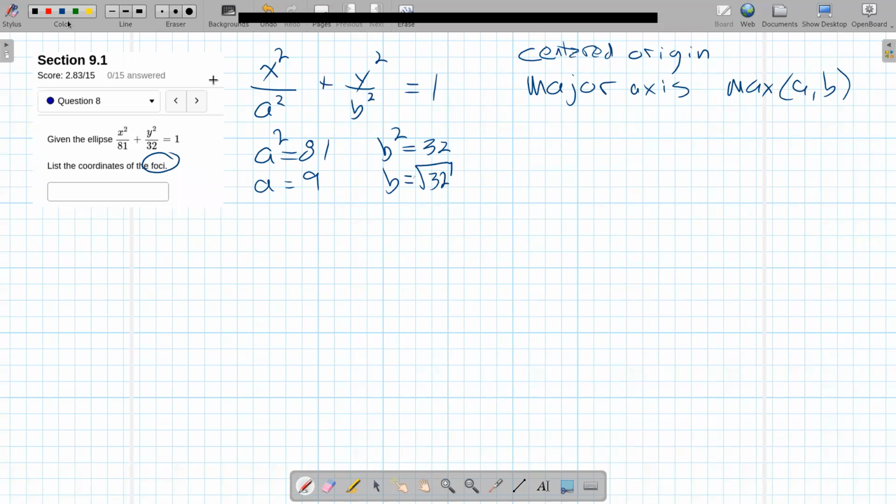So rough sketch of this. Let's get some axes here. So 1, 2, 3, 4, 5, 6, 7, 8, 9. There's 10. So we have a focal point there. 1, 2, 3, 4, 5. We have another focal point up here-ish.